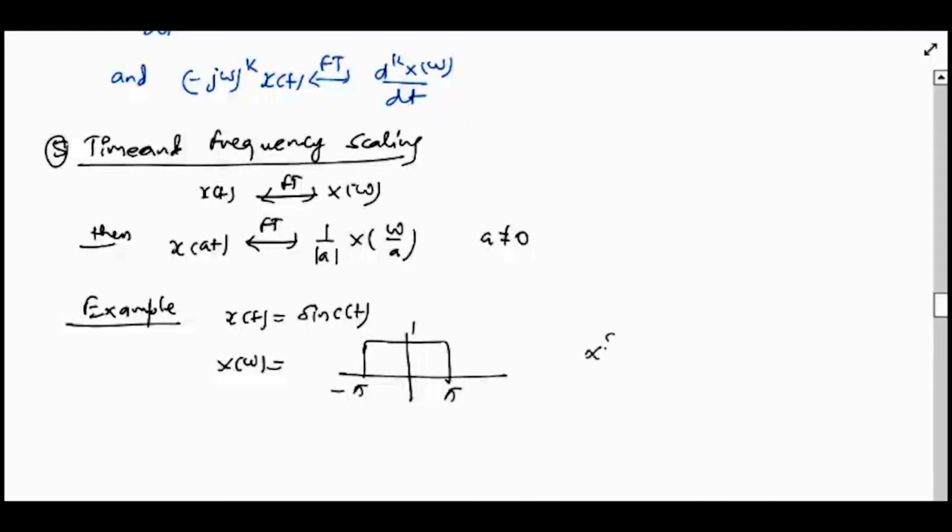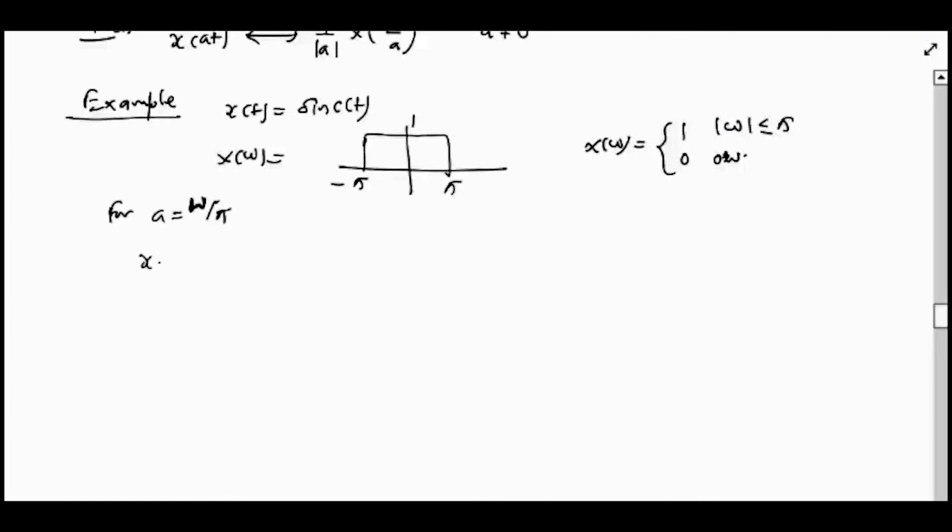So X(omega) is 1 for omega between minus pi and pi, and 0 otherwise. Now if I choose a to be equal to capital W by pi and consider x(at), which is sinc (W by pi) t, then the Fourier transform of this signal will be pi by W times X(pi by W omega).